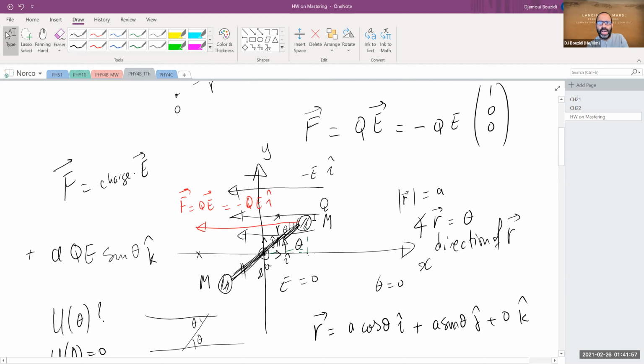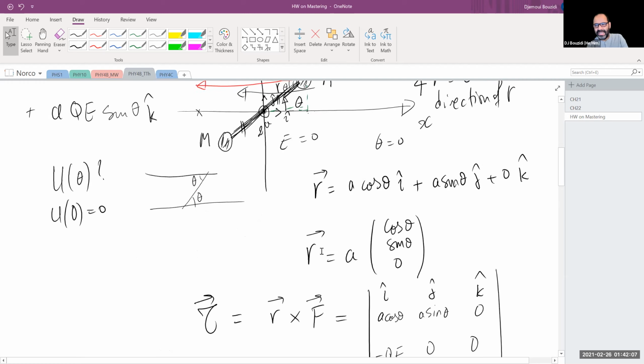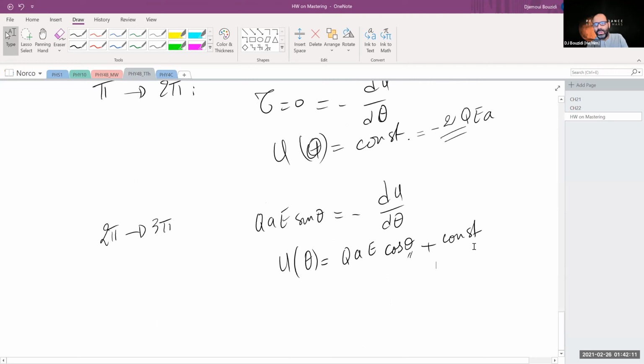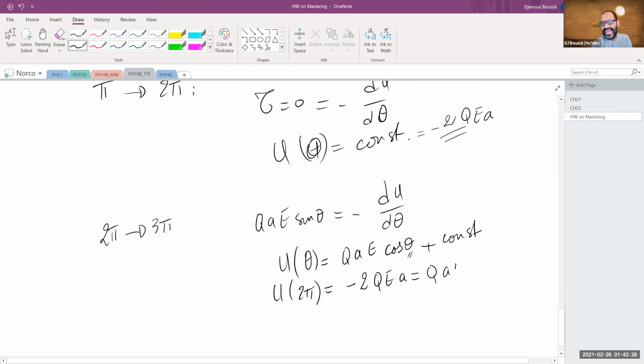That's how we started this. And we went all the way here to a negative value. And then it was constant all the way throughout. Now it's still that constant by the time we reach 2 pi. And that constant is exactly equal to negative 2QEA. So that potential, U of 2 pi, from the previous one, in order for it to be continuous so that it doesn't jump into another value, must be equal to QAE cosine of 2 pi plus constant.